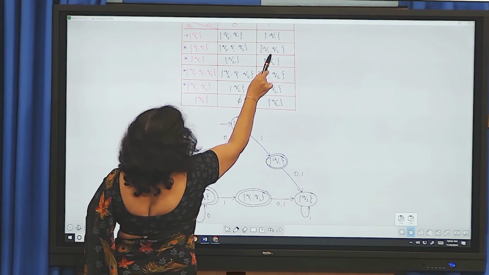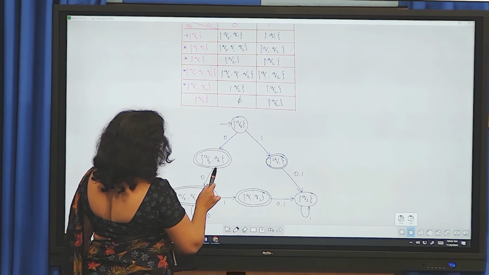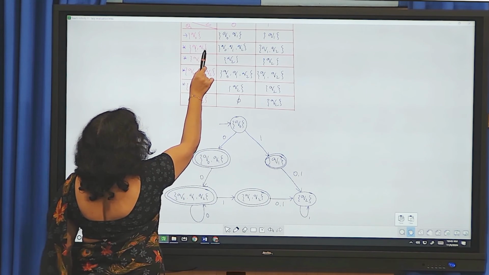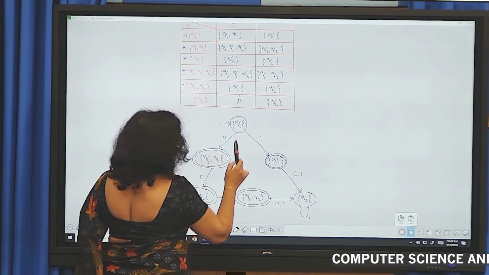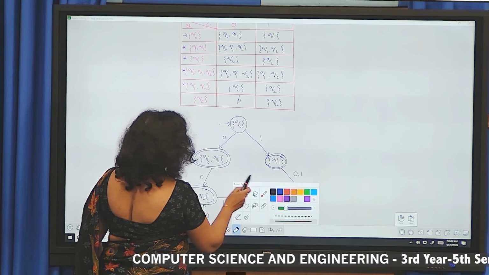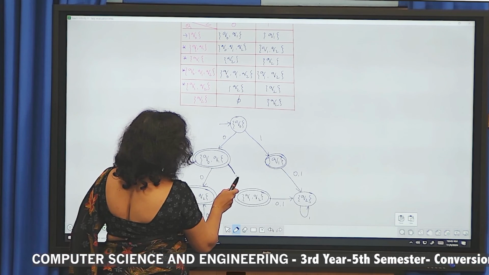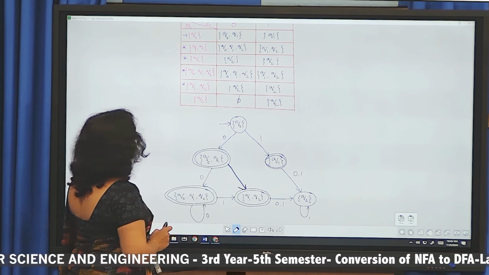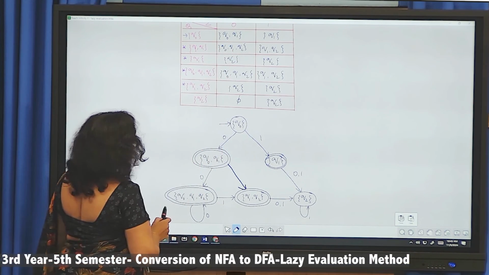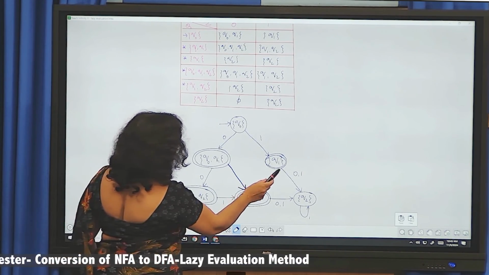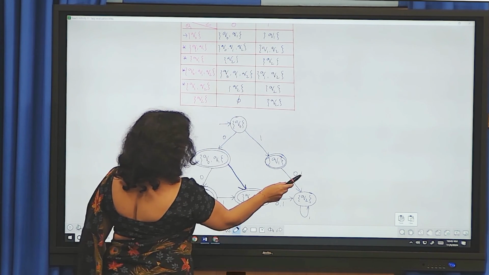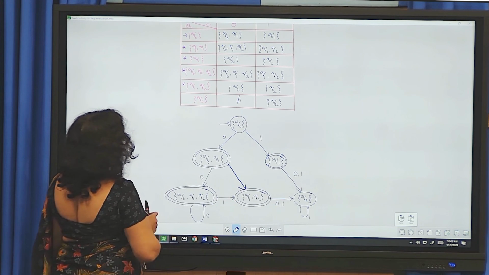Q0 Q1 on 1 goes to Q1 Q2. Q1 on 0 goes to Q2. Q1 on 1 also goes to Q2.